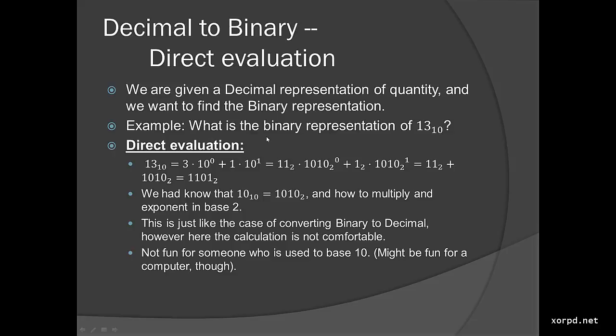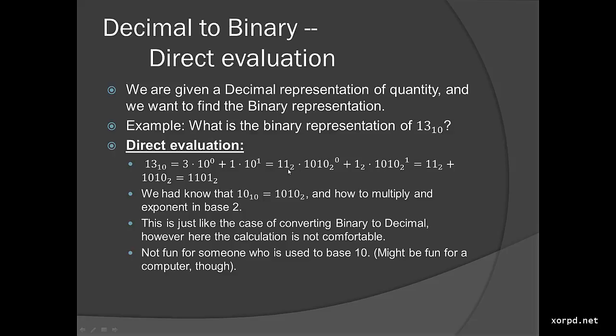So, if we really want to use this method to calculate the base 2 representation, we will have to convert everything to base 2. That means we will take this 3 and convert it to 11, and 10 is being converted to 1010. You can check it out yourself. And also we convert this 1, which just stays 1, and we convert this 10, which is 1010.